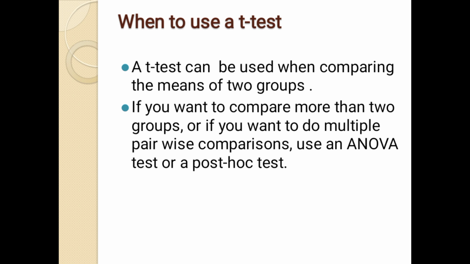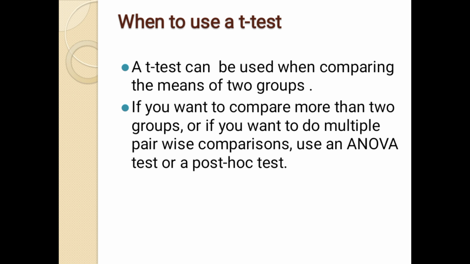If we want to compare more than two groups, that is multiple groups, then we can use pairwise comparisons. If we want to do multiple pairwise comparisons, then we go for the ANOVA test or post hoc test. These are the tests which can be used for multiple comparisons of groups.